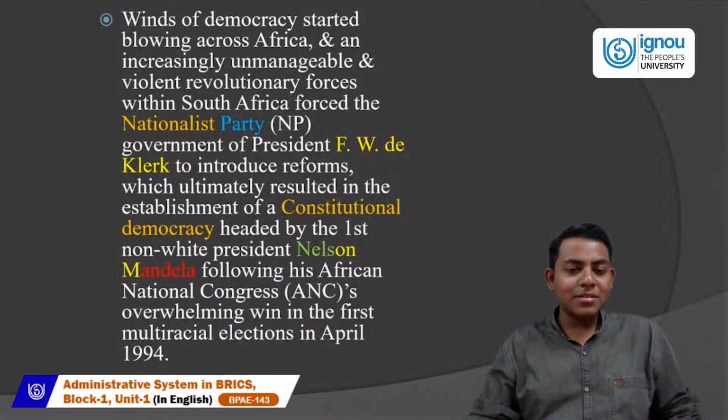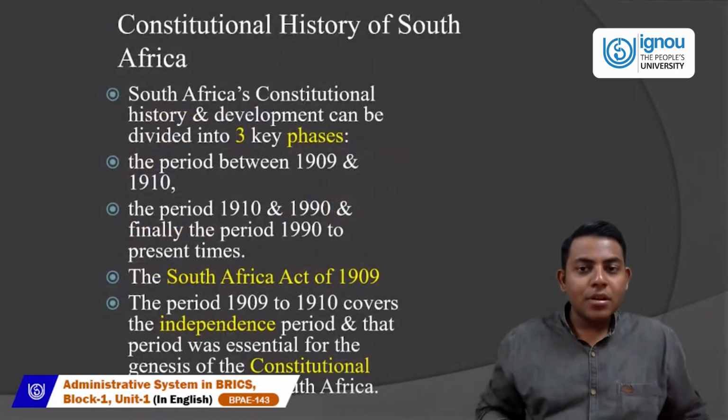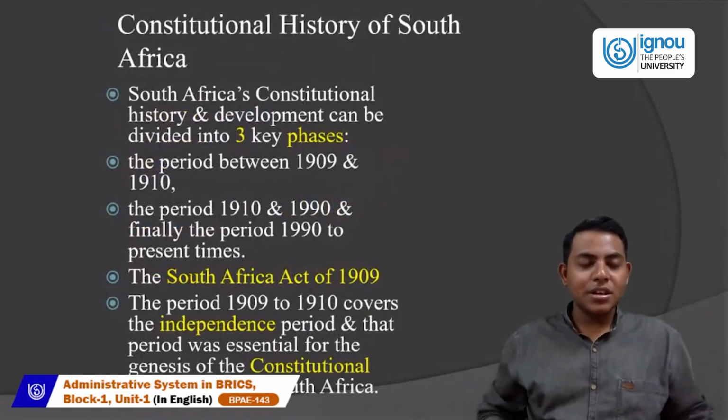This ultimately resulted in the establishment of a constitutional democracy in South Africa, headed by the first non-white president, Nelson Mandela, following his African National Congress's overwhelming win in the first multiracial elections in April 1994.